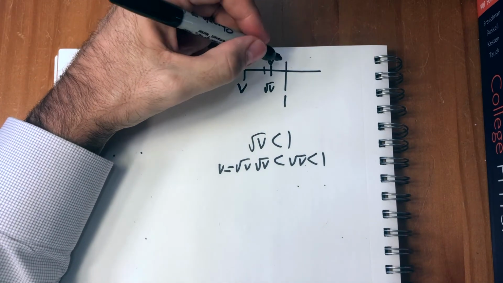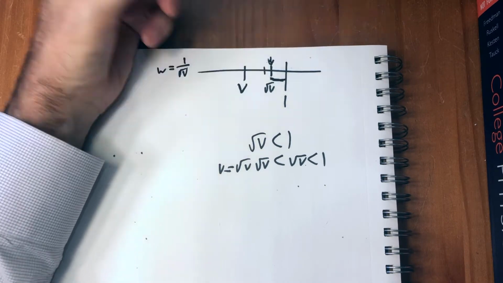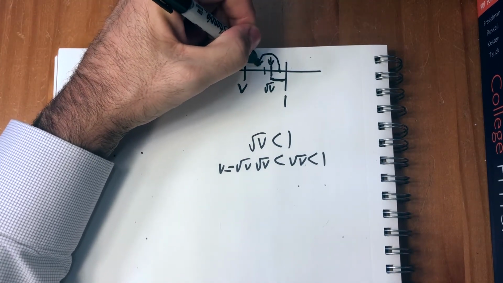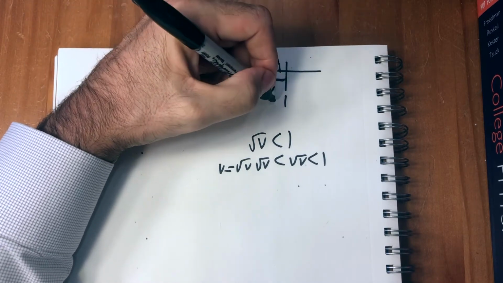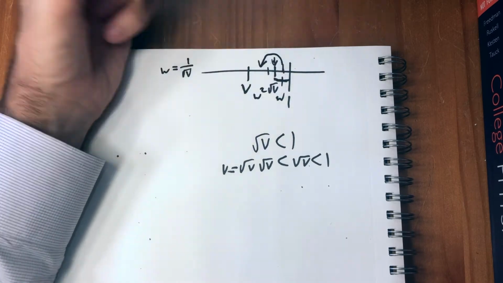So what I thought was, well, what we really need is any number in here, because any number in here, if you square it, it's going to be less than v. So if this is w, then this would be w squared.